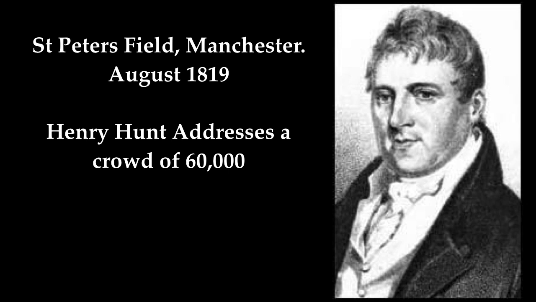He stands on a small platform and addresses a huge crowd of 60,000 people. St. Peter's Field is about the size of two football fields, 60,000 people crammed in there, and Henry Hunt addresses them, again calling for universal male suffrage and saying they should stand up for their rights and advocate for this.